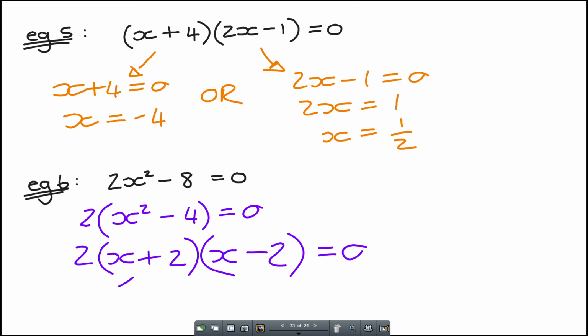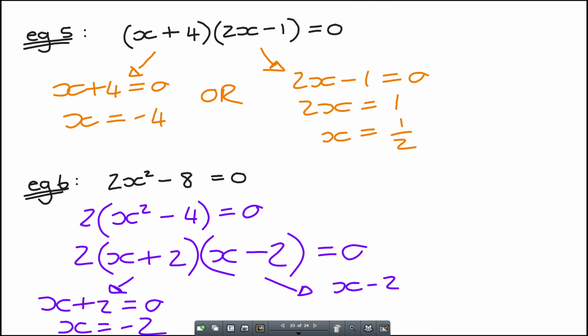So x plus 2 will be, that 2 we ignore, so x will be minus 2. You can't see the minus, but it's a minus 2. And over here, if I take that bracket, make it equal to 0, x will be positive 2. That's as difficult as it's going to get. Are you guys okay?